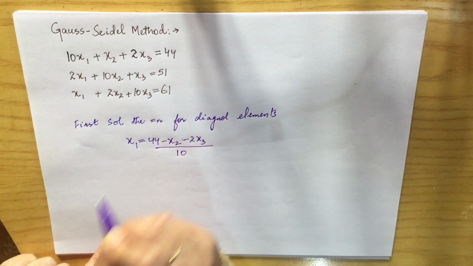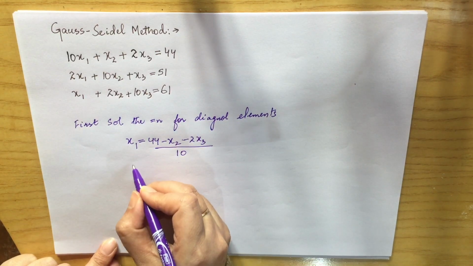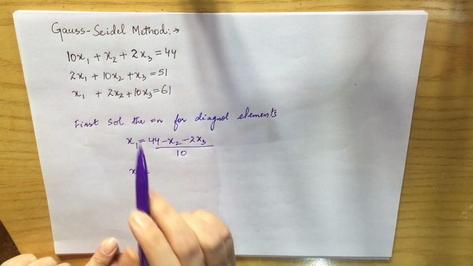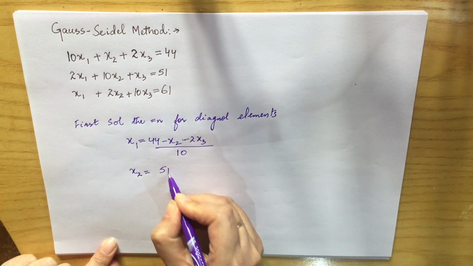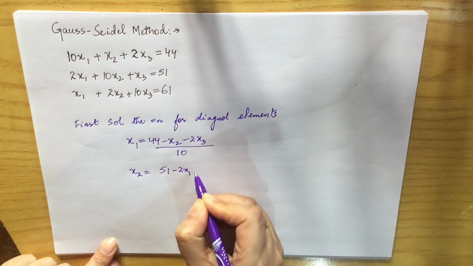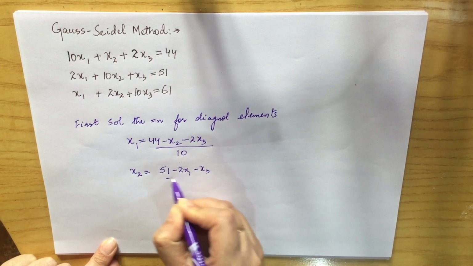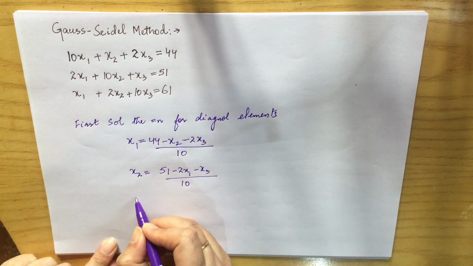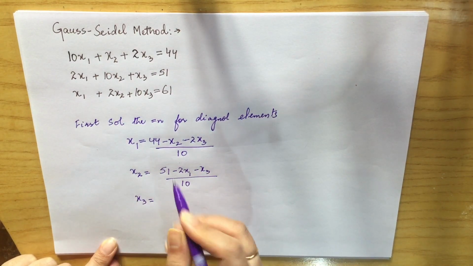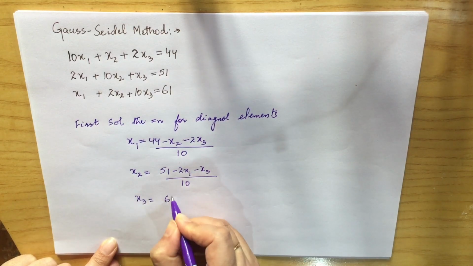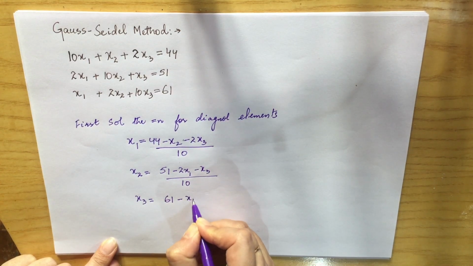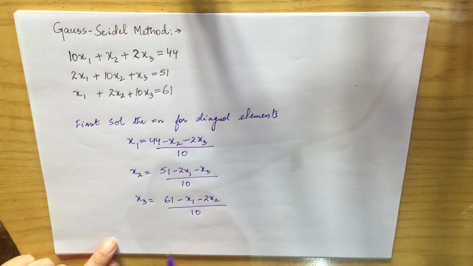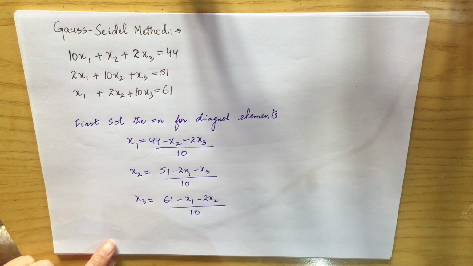So this is our x1. Similarly, our x2, when we solve it for the second equation, will be equal to 51 minus 2x1 minus x3 divided by 10. We solve x3 for the third equation. It will be 61 minus x1 minus 2x2 divided by 10. So this is our first step.